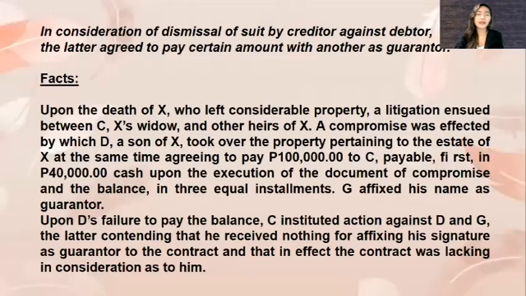We have this case. In consideration of the dismissal of the suit by the creditor against the debtor, the latter agreed to pay a certain amount with another as guarantor.